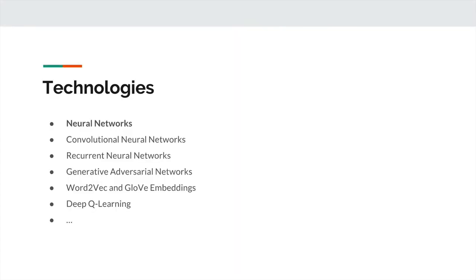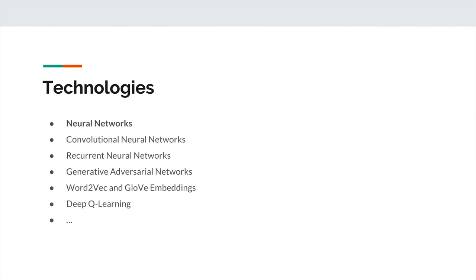Okay, so here are some of the technologies that were used in those examples. Neural networks, obviously, are a big portion. There are different kinds of networks that were used. All the image-based tasks used convolutional neural networks, and all the text-based tasks used recurrent neural networks. And I made a small reference to generative adversarial networks.